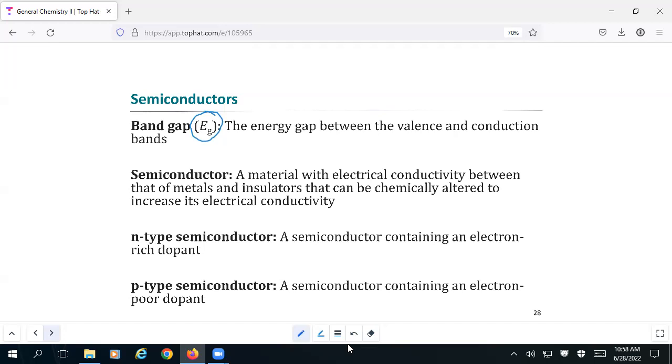The larger the band gap is, the more unlikely it is that a substance is going to conduct electricity. So if you look at good insulators, insulating materials have large band gaps because the band gap is just too great for those electrons to jump across.